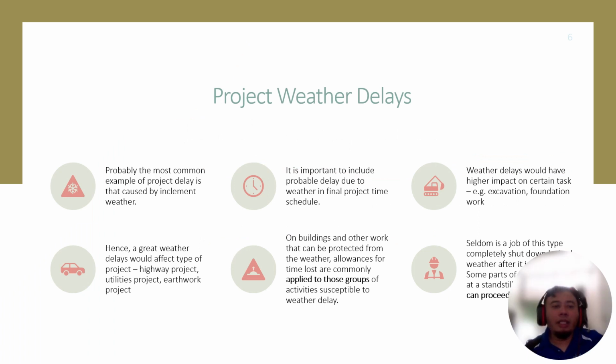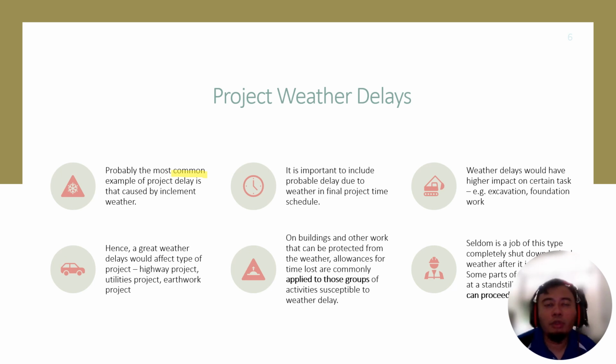Project weather delay is probably the most common example of project delay. Weather delays usually affect a specific type of project. For example, if you are doing a superstructure, like building a high-rise building, once you finish your substructure work, weather won't have any effect on your works.